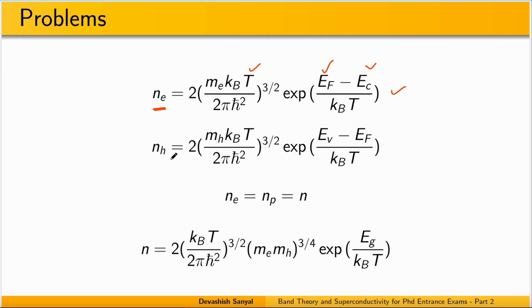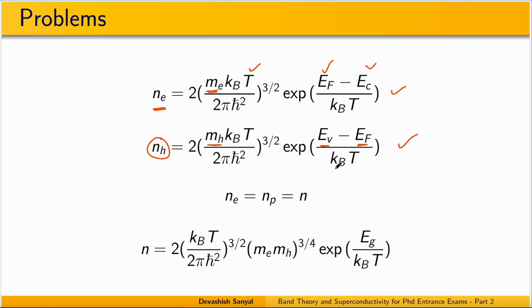And for the density of holes, this is the expression. Here this is the effective mass of the electron, this is the effective mass of the hole, this is the upper edge of the valence band, and this is the Fermi energy.